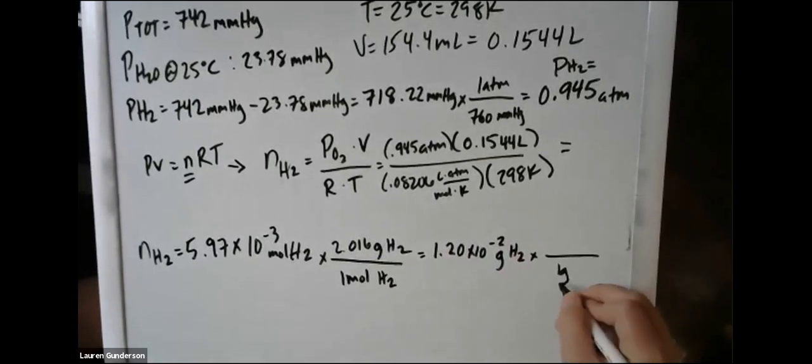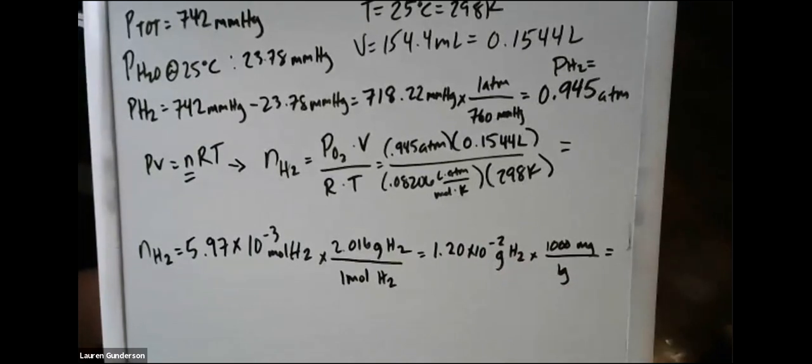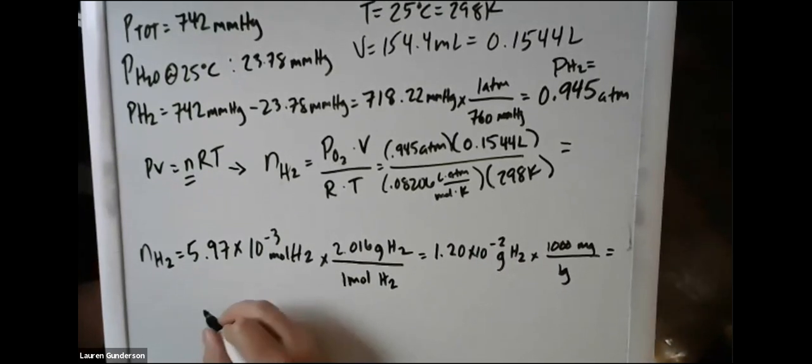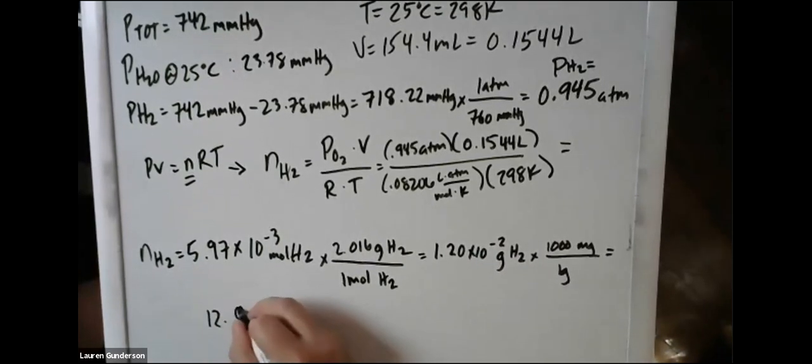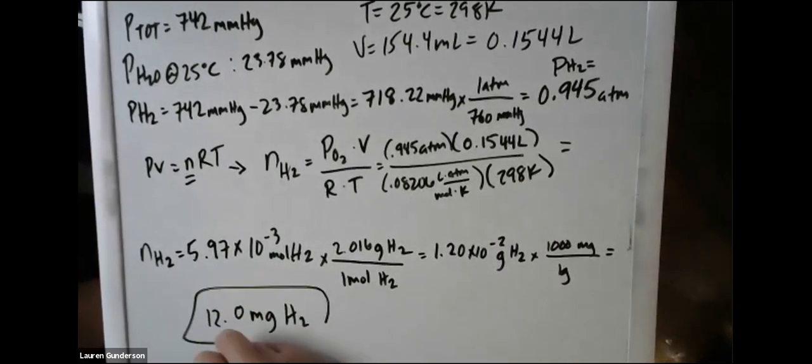Okay, and then 1 gram will have 1,000 milligrams. And that is 12.0 milligrams of hydrogen gas that will be collected during the reaction.